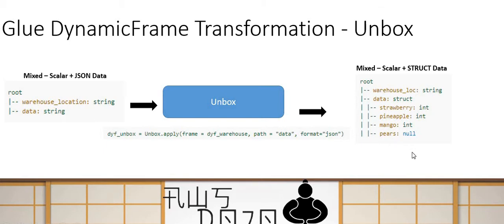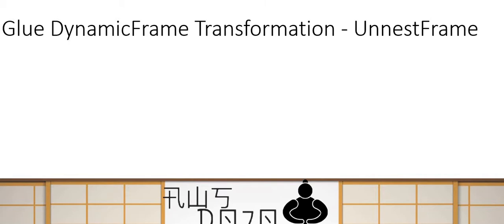Now this is a level of parsing, but it is still not ready, because it is not yet in a tabular format, and you would have to use certain Python functions to read or parse the data. So Unbox does one level of transformation where your JSON string gets converted into a structure.